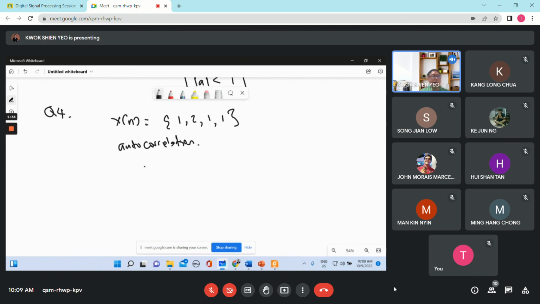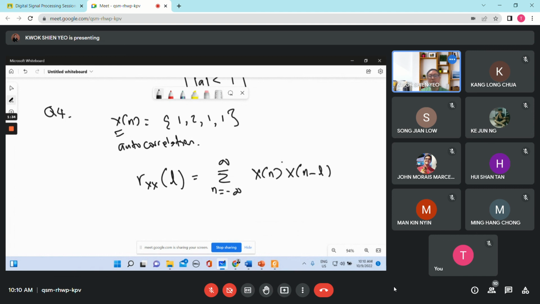the equation of autocorrelation. If you check the lecture notes, you will see Rxx, meaning that x is correlated with x. Rxx of l equals the summation over all possible n values of xn times xn minus l.